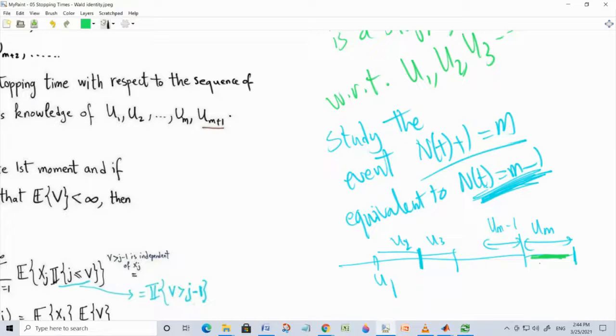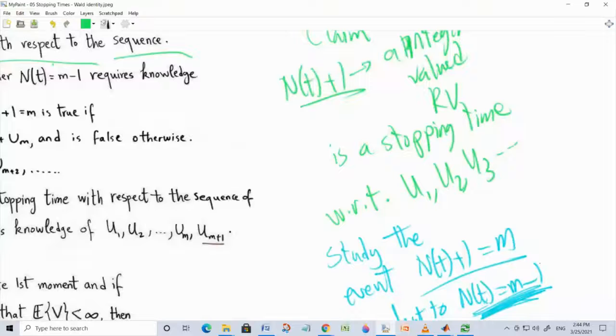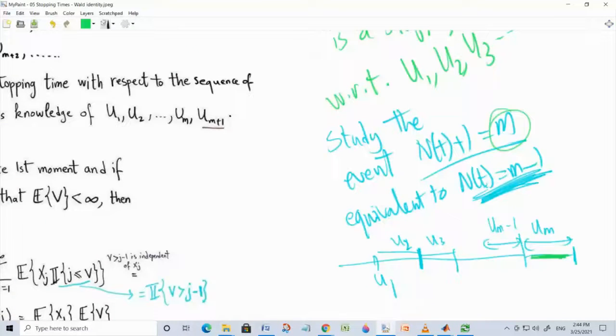You are able to assess this event using inter-arrival times from u1 up to u of m. And this is exactly what is needed to define a random variable, here in our case N of t plus 1, as a stopping time.